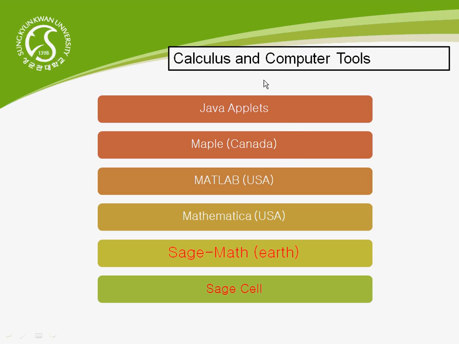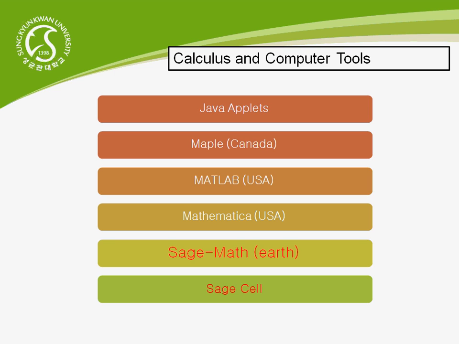There are many computational tools available now, but depending on your major, the basic standard software is different. In some majors they are using Maple. In some they only use MATLAB, and other departments are using Mathematica.